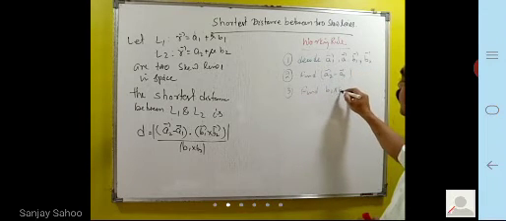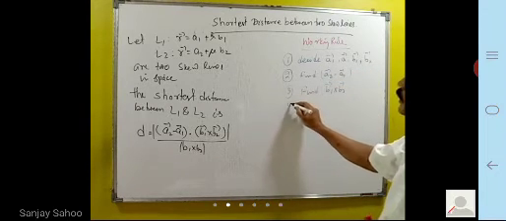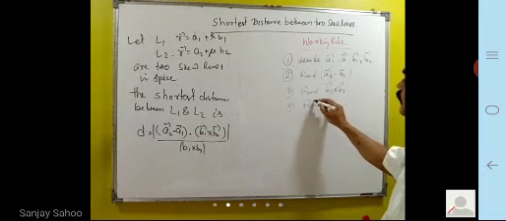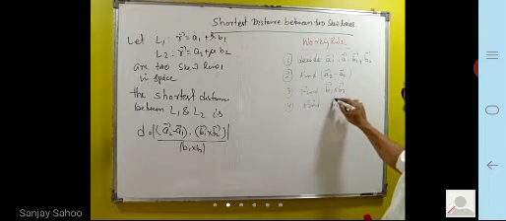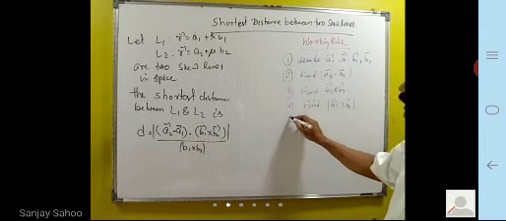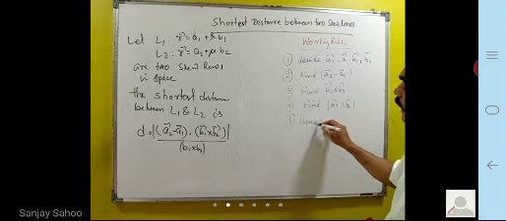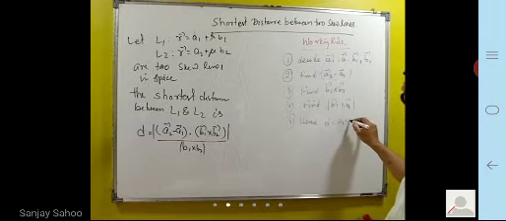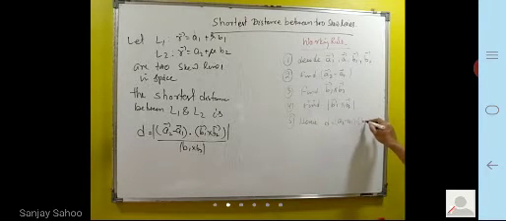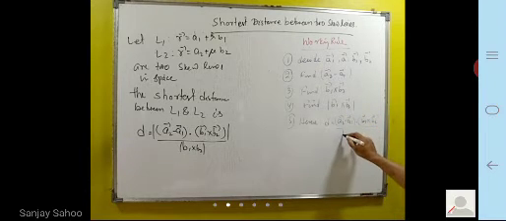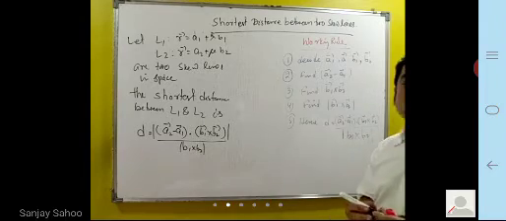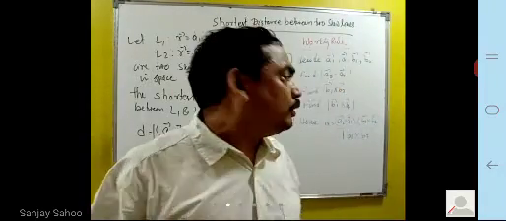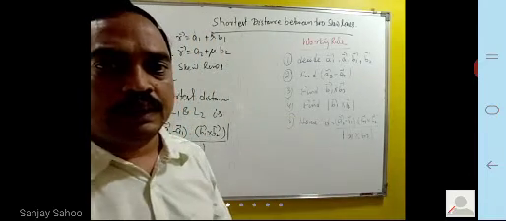Then B1 cross B2 vector. Step 4, find B1 cross B2 modulus. Okay, then hence D is equal to A2 minus A1 dot B1 cross B2 upon mod B1 cross B2. So that will give you the distance between these two skew lines, right?